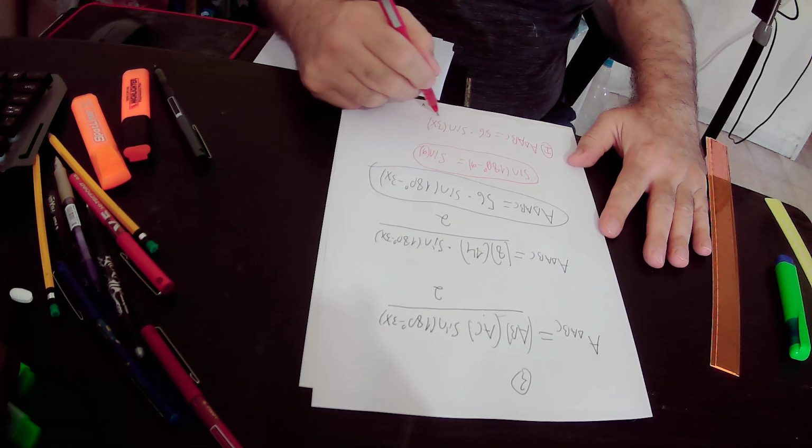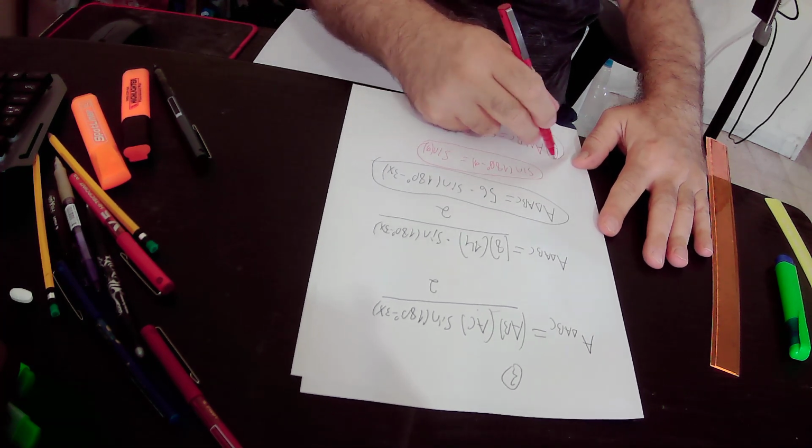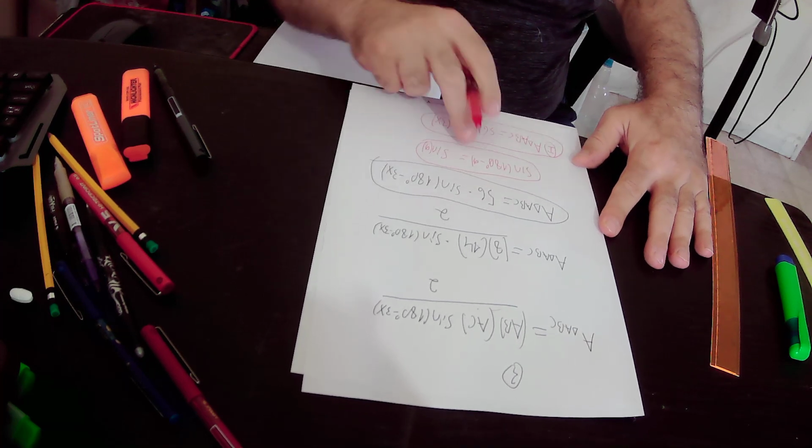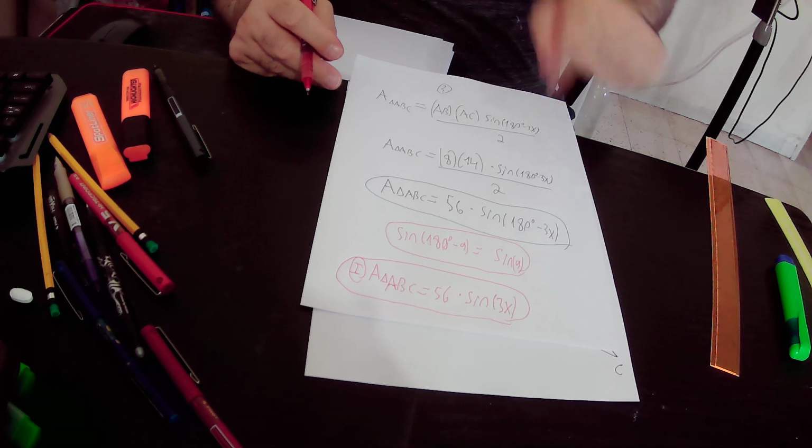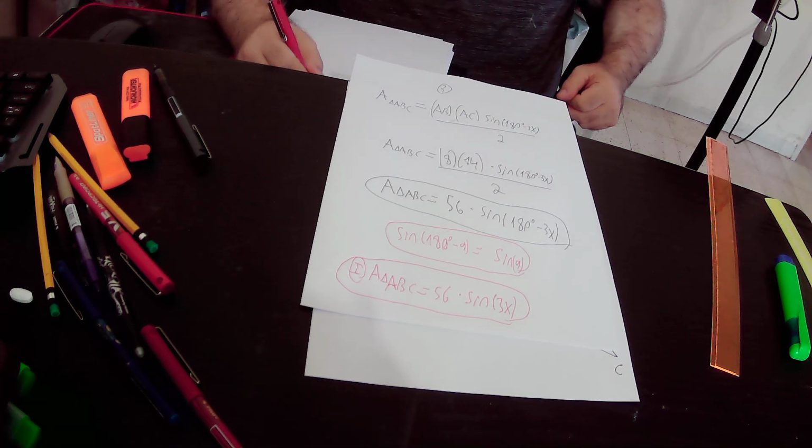So in total we got that the area of triangle ABC equals 56 times sine 3x.